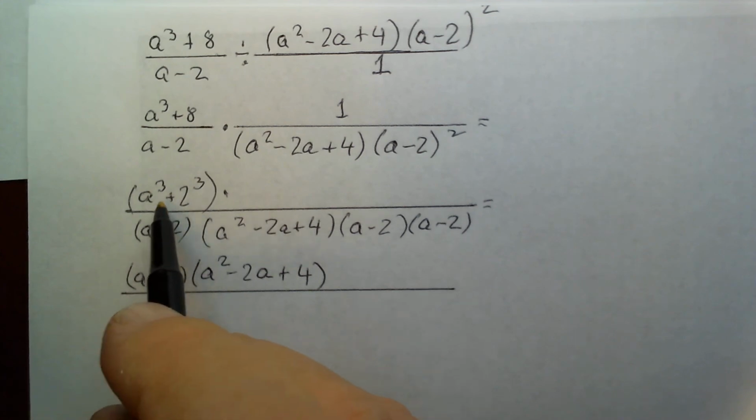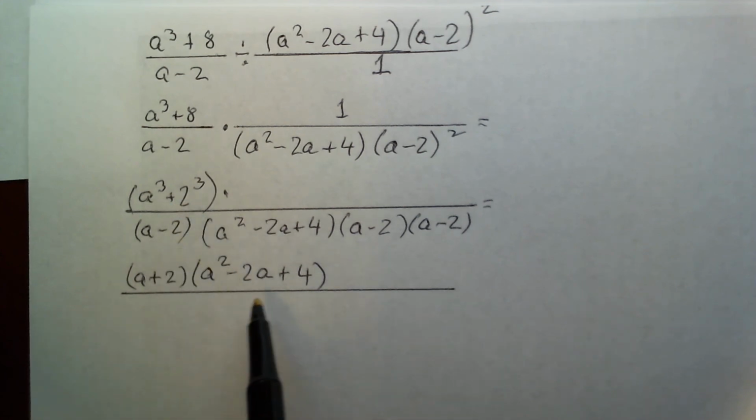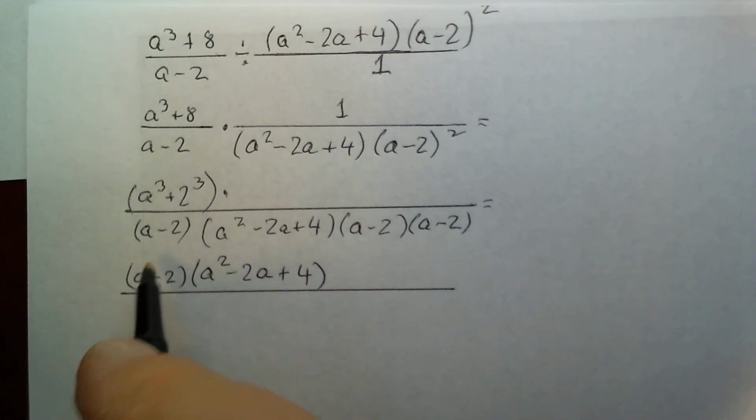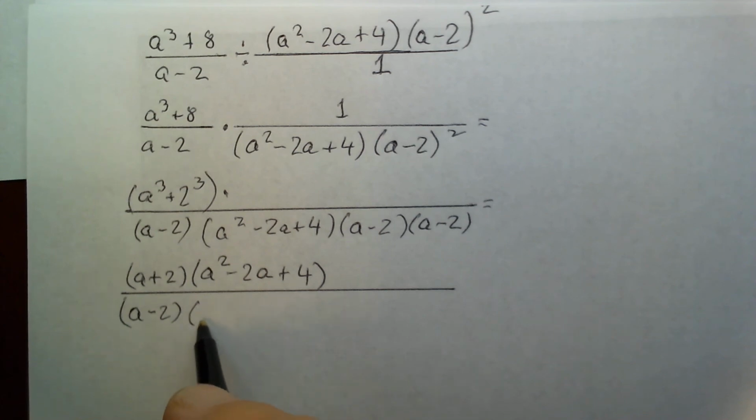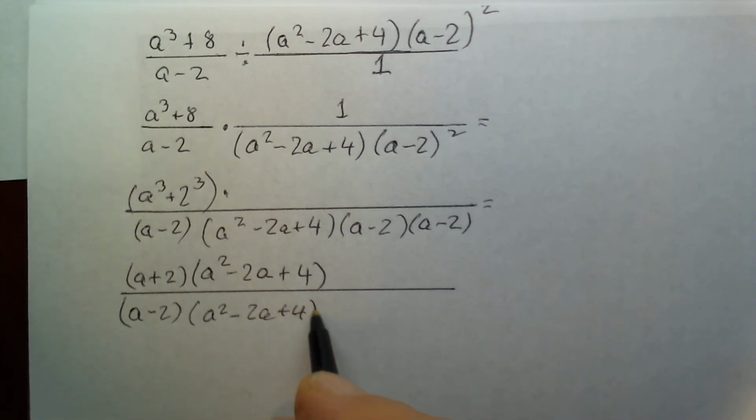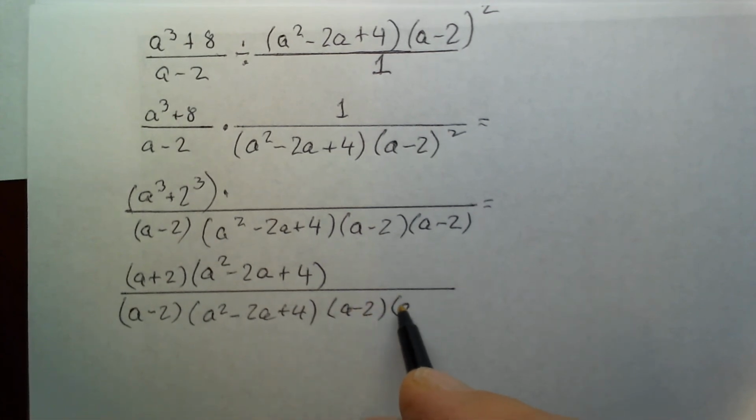So that's a to the third plus 2 to the third in factored form. And now for the denominator we have a minus 2 times a squared minus 2a plus 4 times a minus 2 times a minus 2.